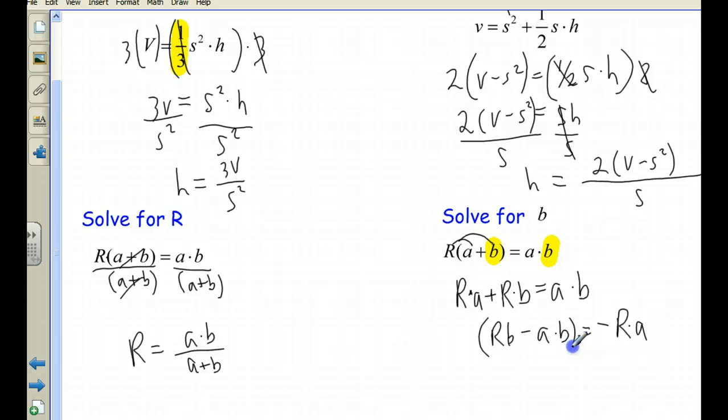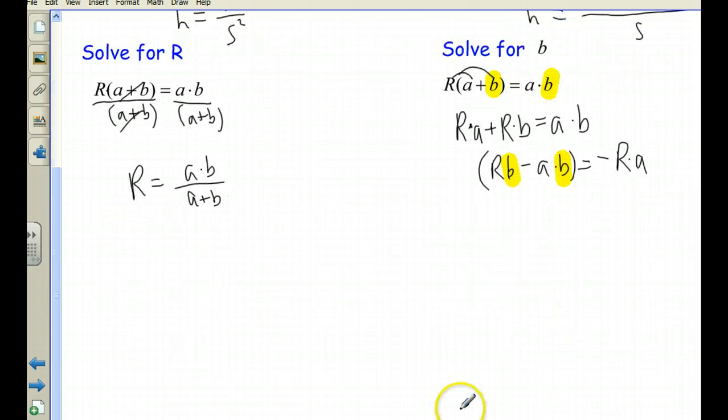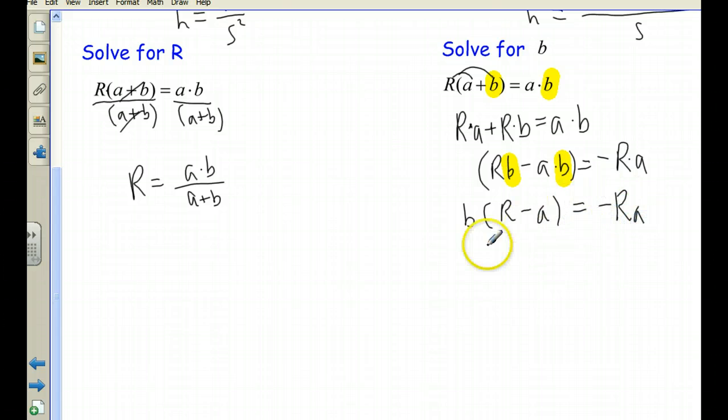And here's the key. If you look at this in parentheses, you might see it a little easier. There's a common factor there that I can take out. The common factor is B. So if I take out a B, I get B times R minus A equals negative RA. One more step, it looks very similar to this problem we have over there.